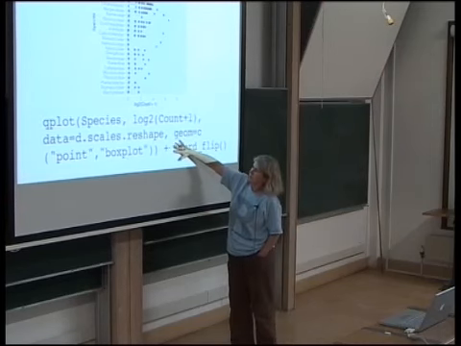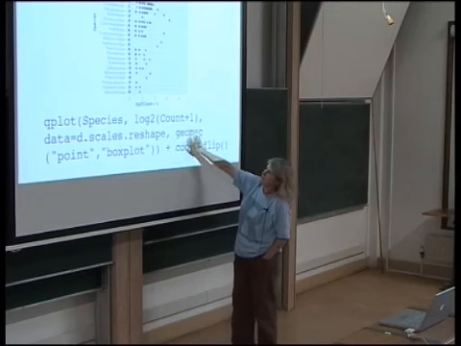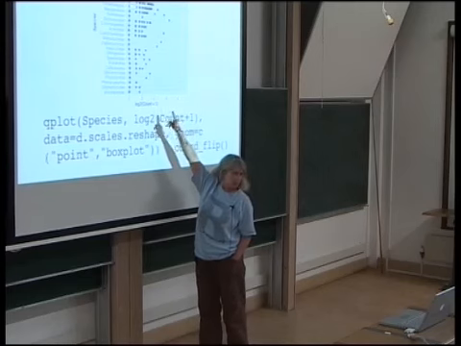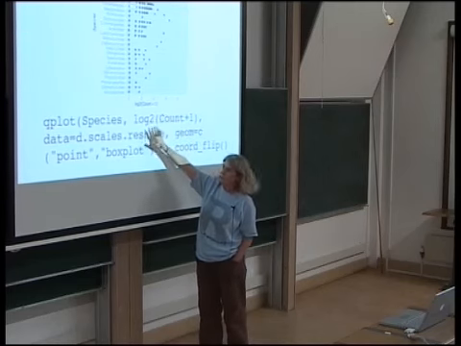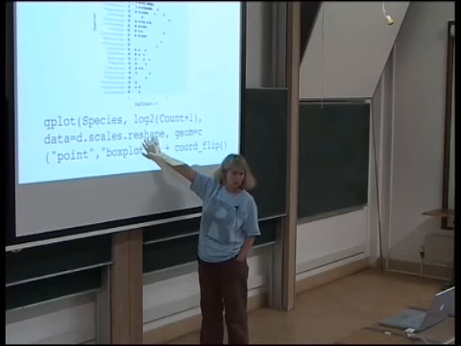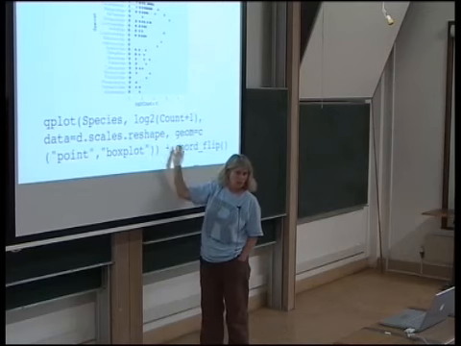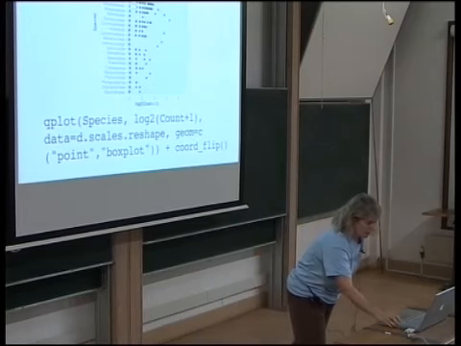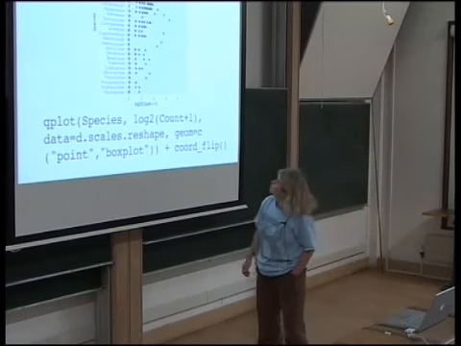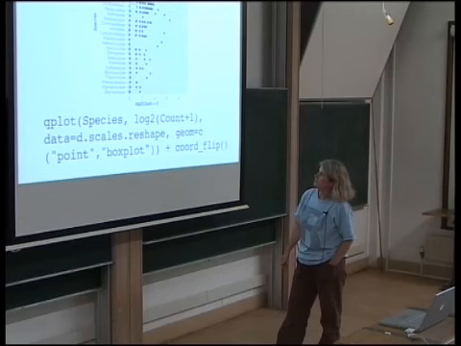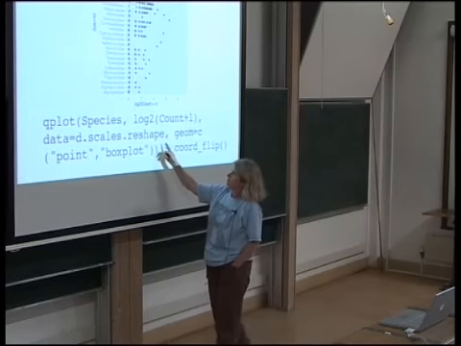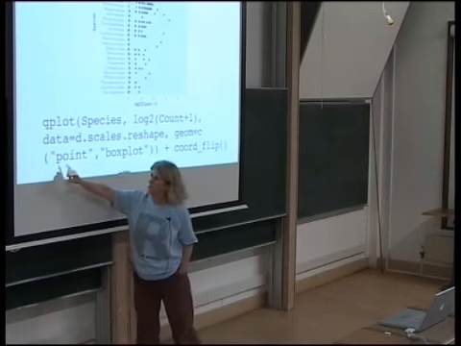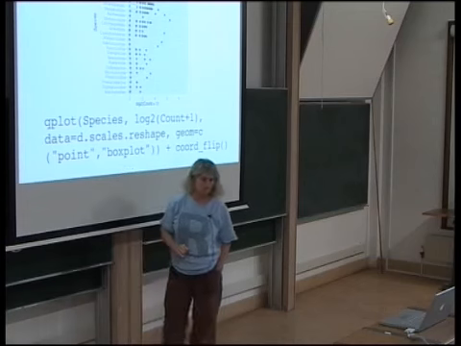And this last one is slightly more sophisticated. This coordinate flip changes the direction of the plot. So you can do quite a lot with the quick plot, but if you want to have a lot more free range, there's some implicit understanding that the box plot overrides the points. Depends on the order. So if I put it the other way around, the points would override the box plot.